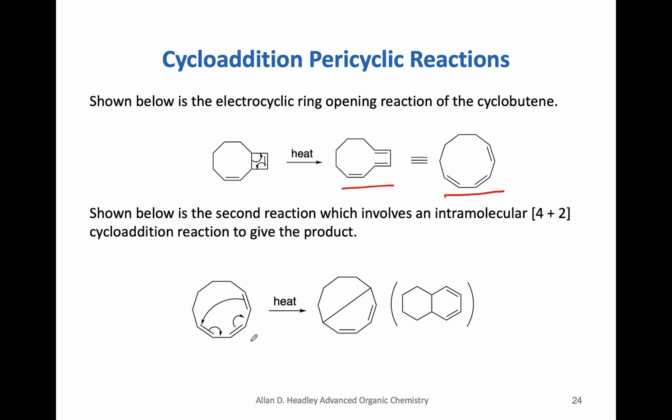So this would form, using this to show the electron movement, we have this as the product, or drawn differently like this, which is the product shown. So again, here's the electrocyclic ring opening, and here's the 4+2. These are the type of cycloaddition to form a ring.